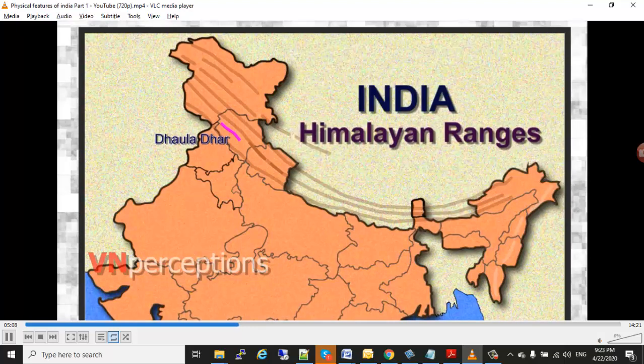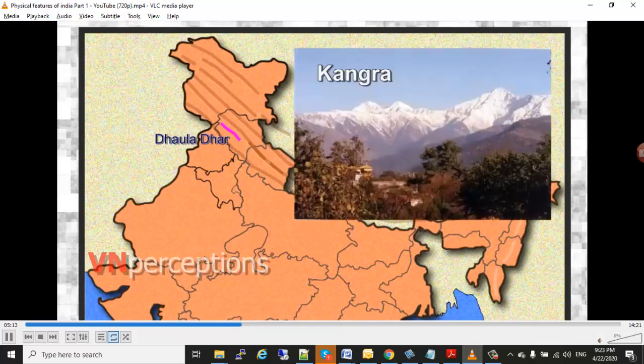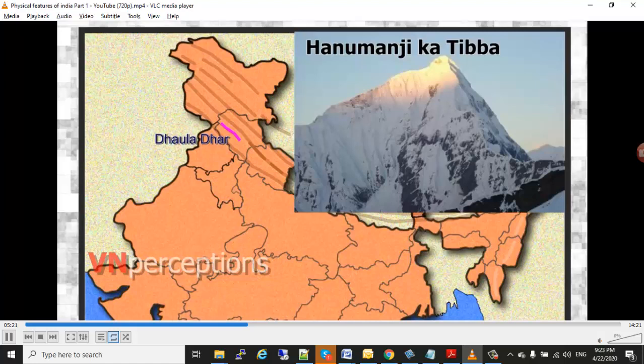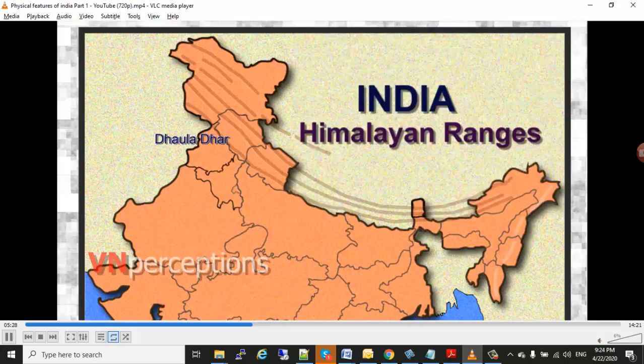Dhauladhar mountain range is one of the major attractions in Kangra, along with the amazing Kangra Valley. The highest peak of the Dhauladhar range is Hanumanji Ka Tibba with an elevation of 5639 meters. The Mahabharat range completely lies in Nepal.